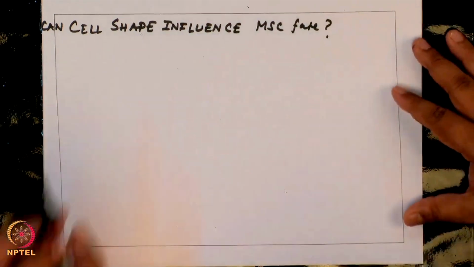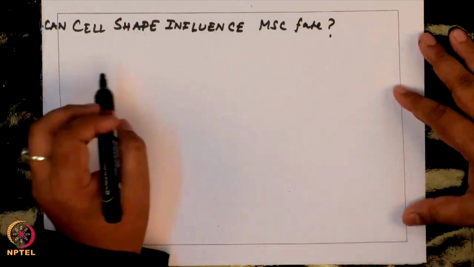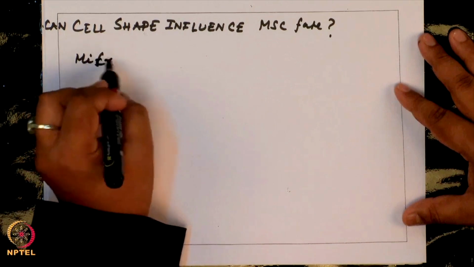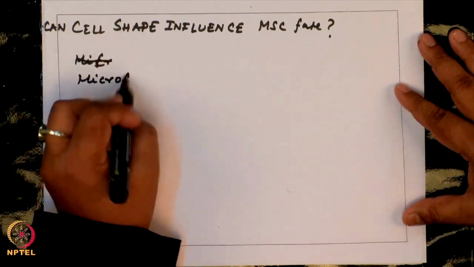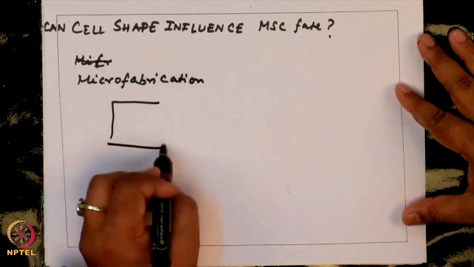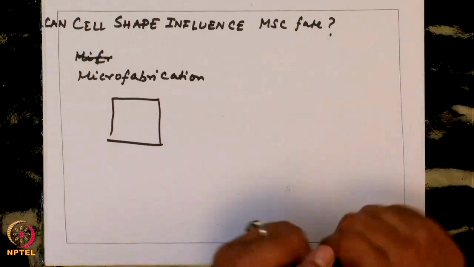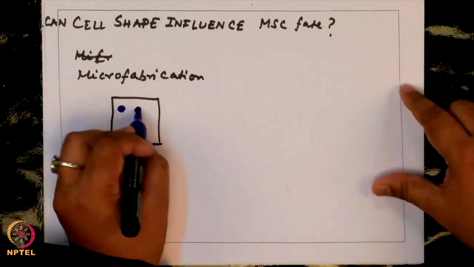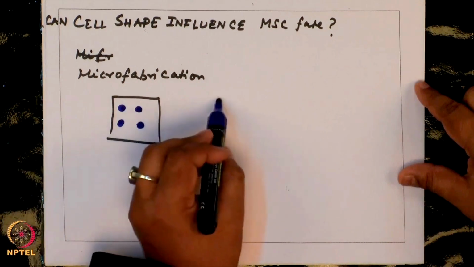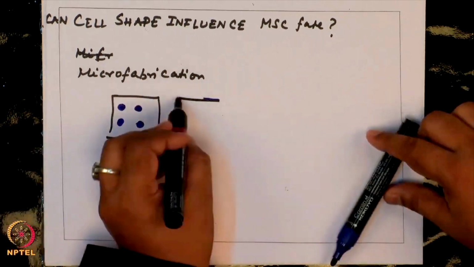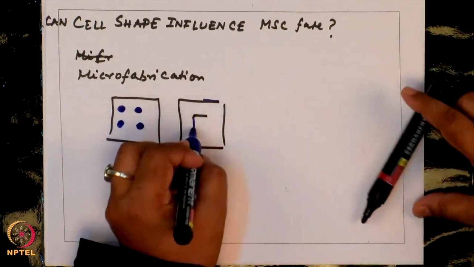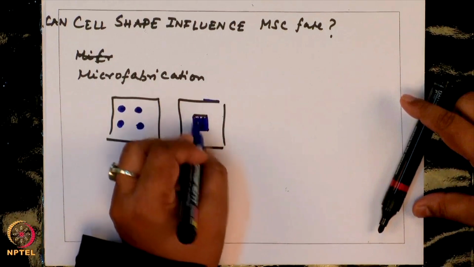Is the question. So, to ask that question, what the authors did was again use microfabrication. You have seen what microfabrication is earlier in the context of focal adhesions. In a background of surface, you can pattern islands either with very small dots, or you can make these square patterns with bigger area.